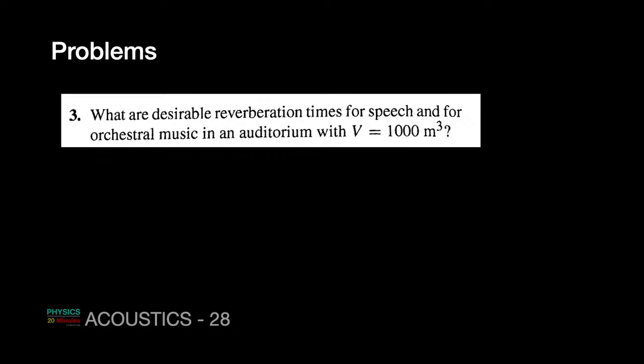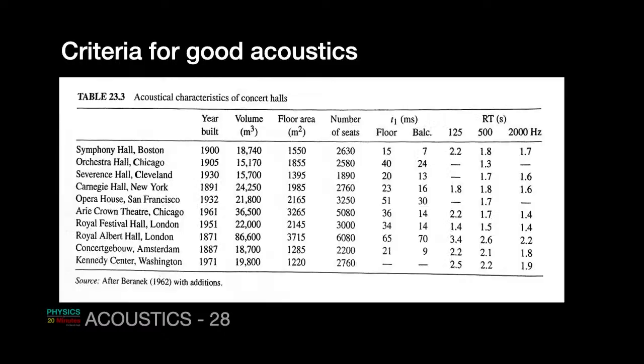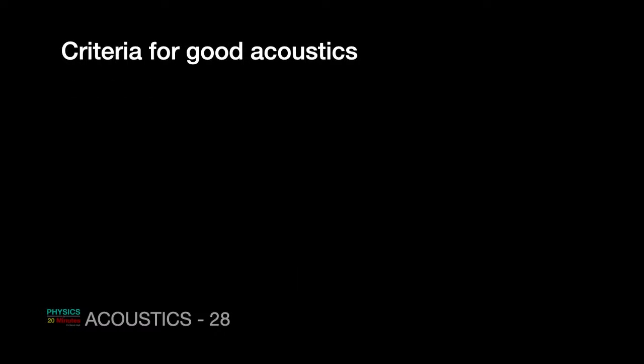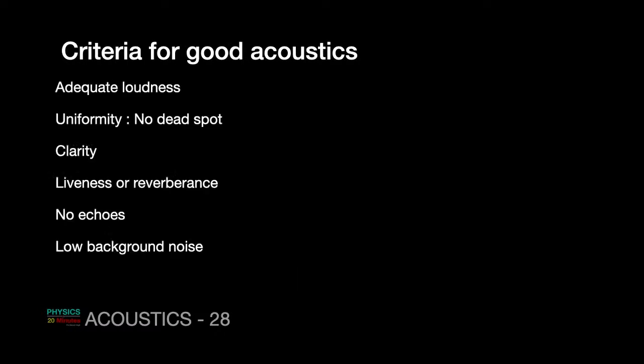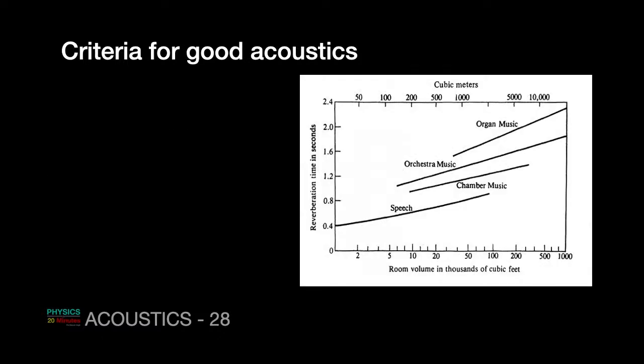What are the desirable reverberation times for speech and for orchestral music in an auditorium with 1000 meter cube volume? Let's go back to the different values. 1000 meter cube is here.